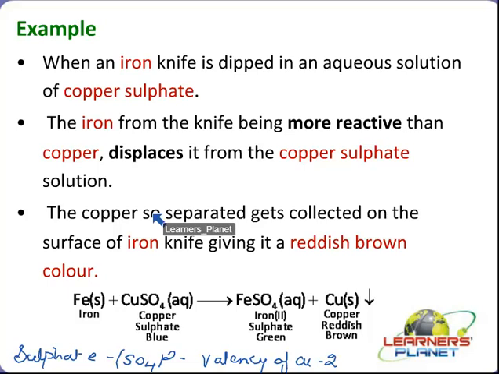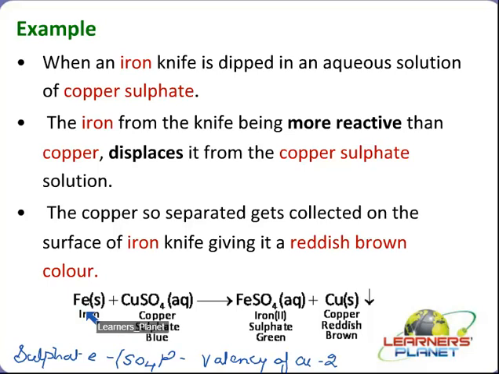There is a deposition of a reddish brown substance on an iron knife or an iron block when kept in copper sulfate solution. Name the substance deposited. So what will it be, students? It will be copper. So this is an example of displacement reaction.